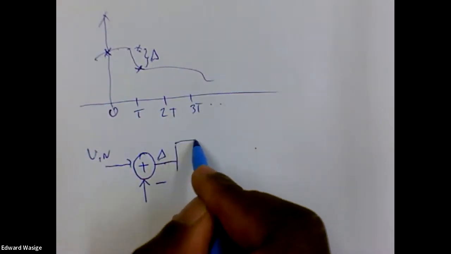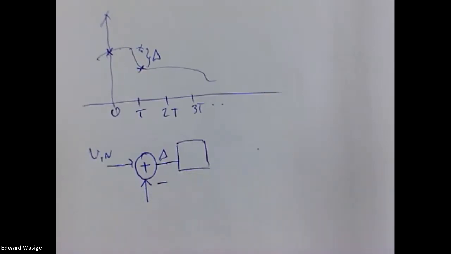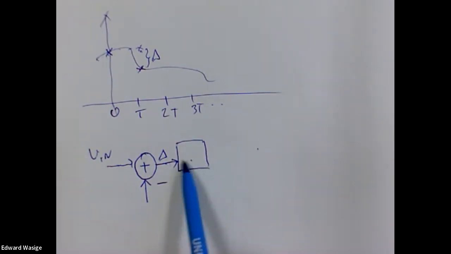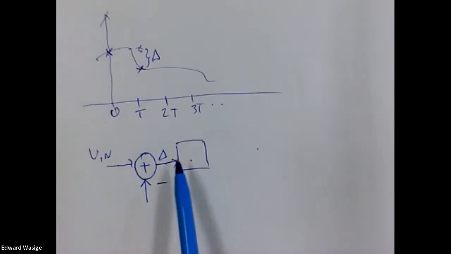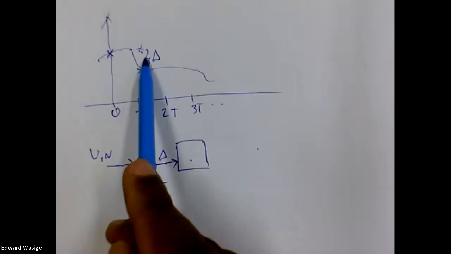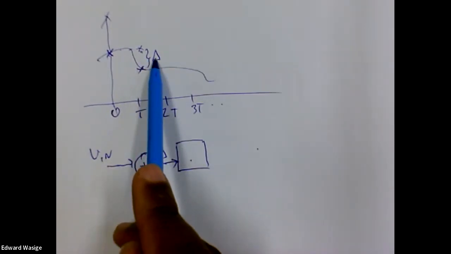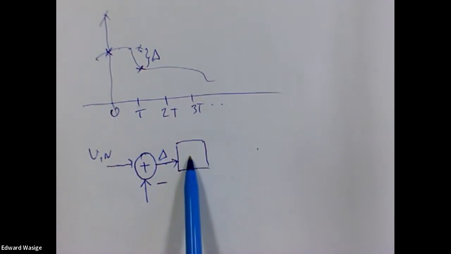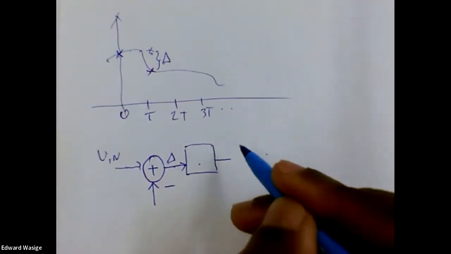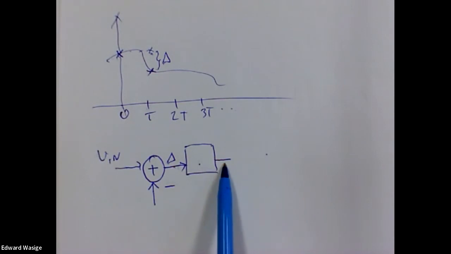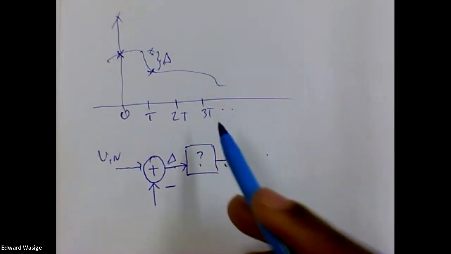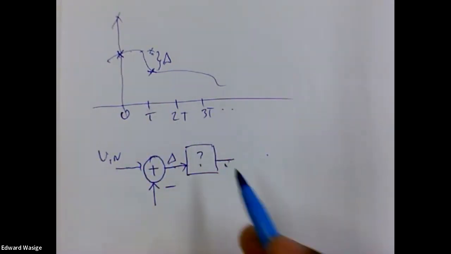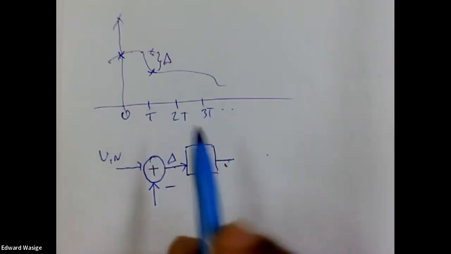And then here we come into what I can call a black box. This black box should still remember the old signal at time t equal to 0, and it should add on this delta. In this particular case the delta is negative, so it subtracts from the original signal. So at this point we have the signal that corresponds to the sample at time t.